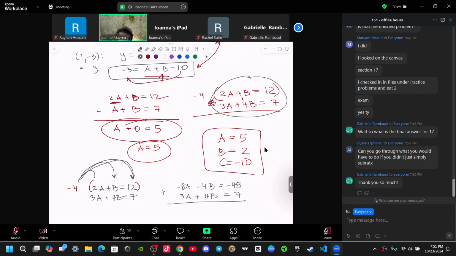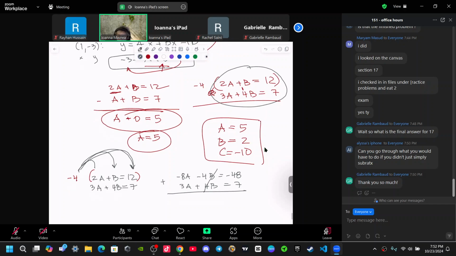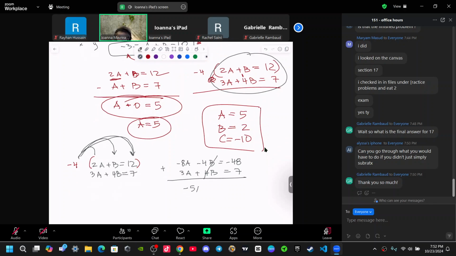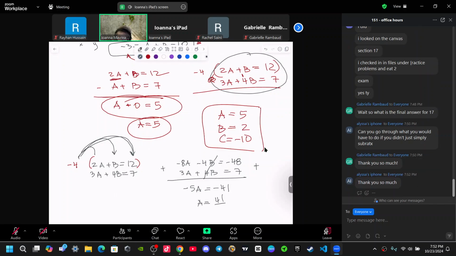And I'm going to add that because I want to get rid of one of them. So you have -5a is equal to something terrible if you add them up. So a is equal to horrible. And then you go here and find b. Again, I will go to the easiest one, and I'll say b is 12 minus twice a. I will substitute the a, leave it alone. That's b. Don't simplify anything of it. Nothing.